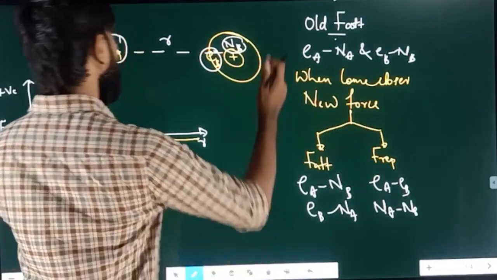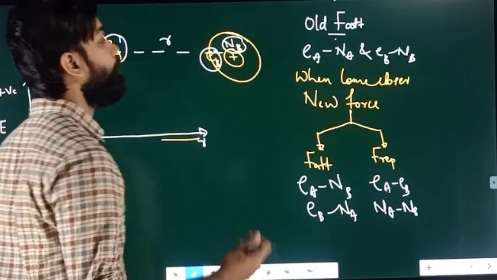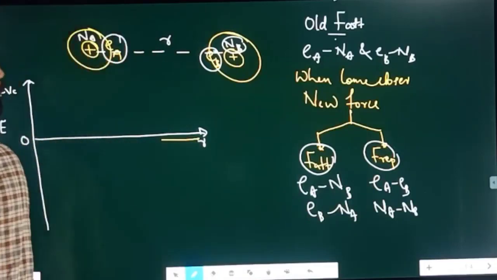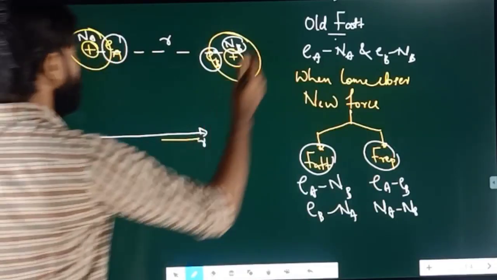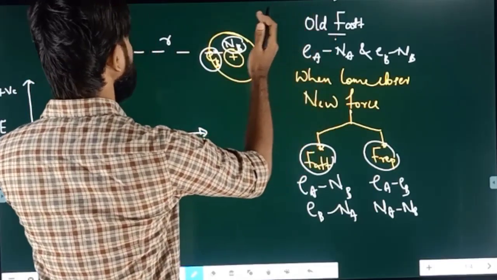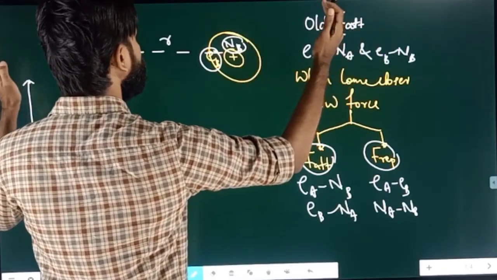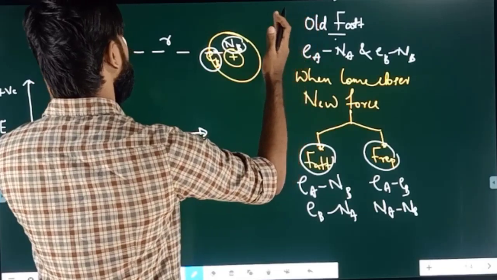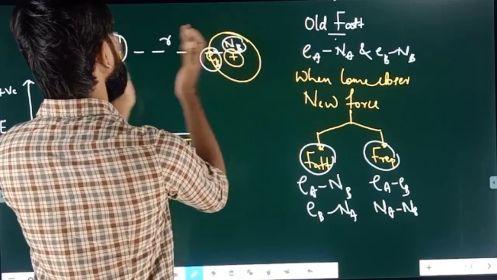So when they come closer, there is a competition between this attractive force and repulsive force. Initially, at a particular distance, when they come closer, the distance is relatively higher. When they come even closer, the distance decreases.